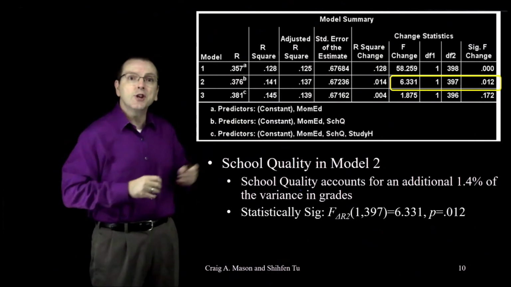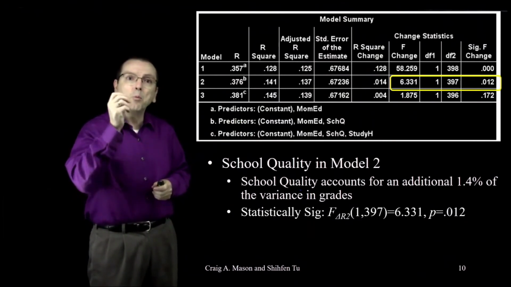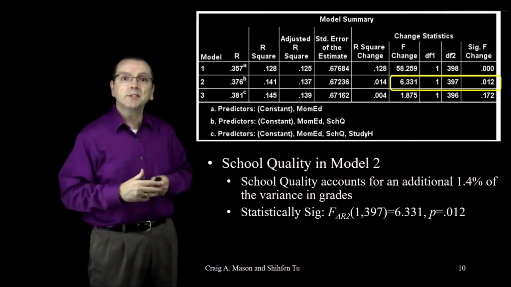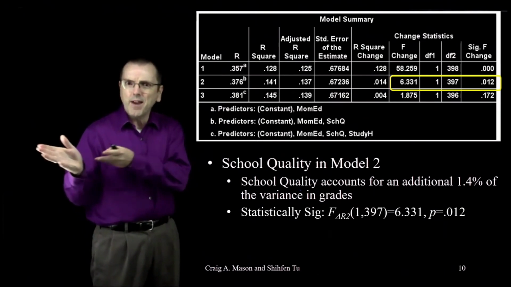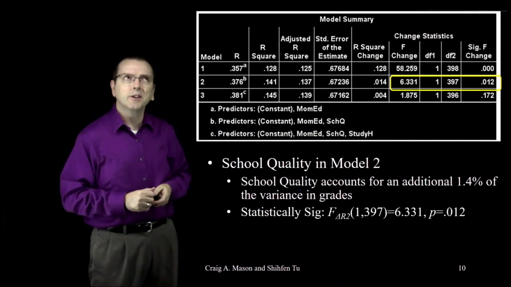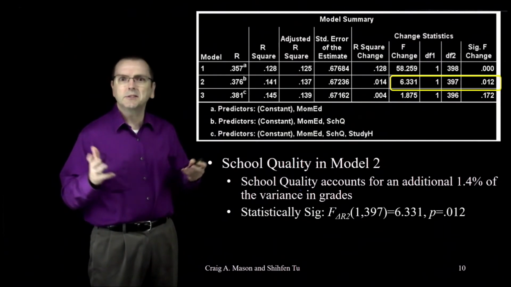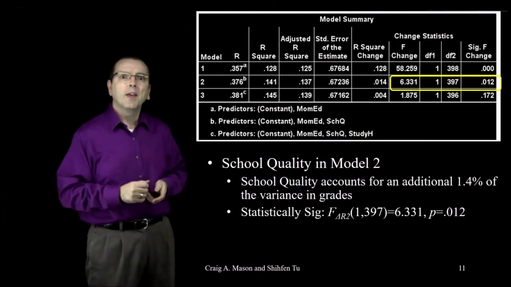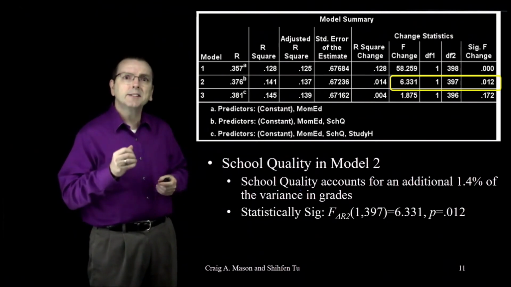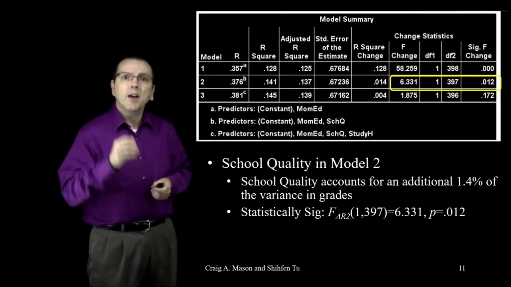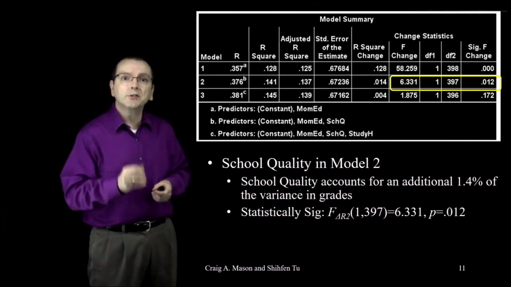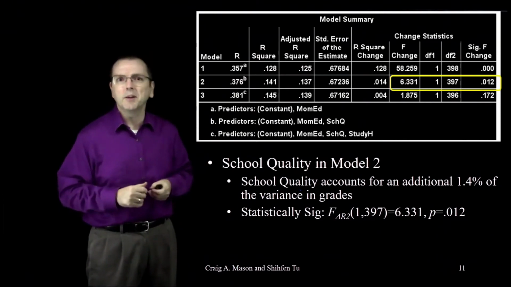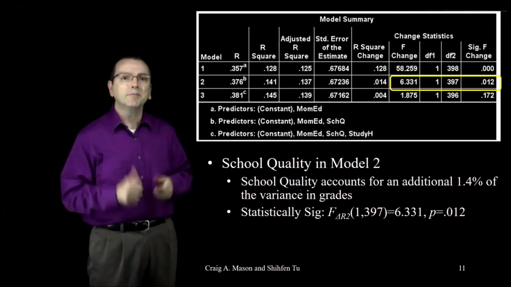This F for the change in R squared is the test of whether school quality accounts for any additional variance in grades beyond the effect that we saw for mother's education. Or maybe its additional contribution is just 0. Now, given that our F-test is statistically significant, it suggests that the unique effect of school quality is not equal to 0. It's not just random noise. It seems to be real.